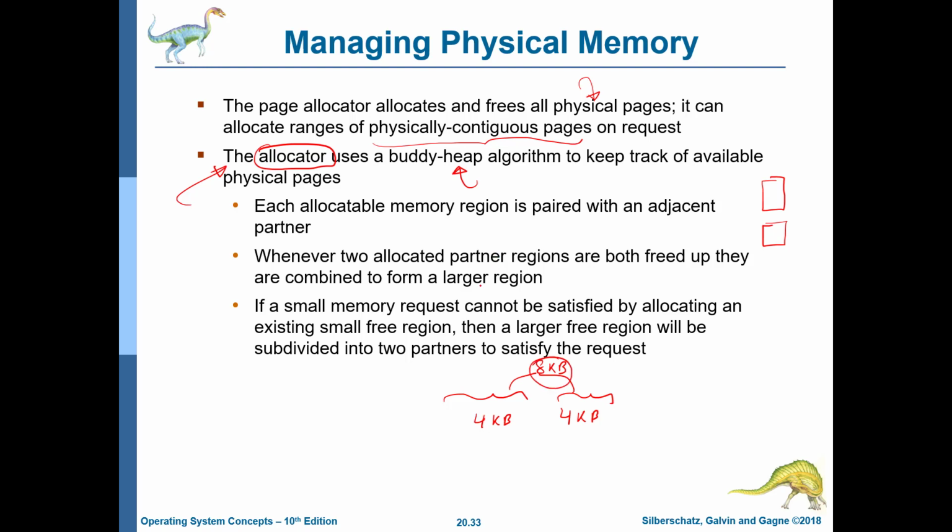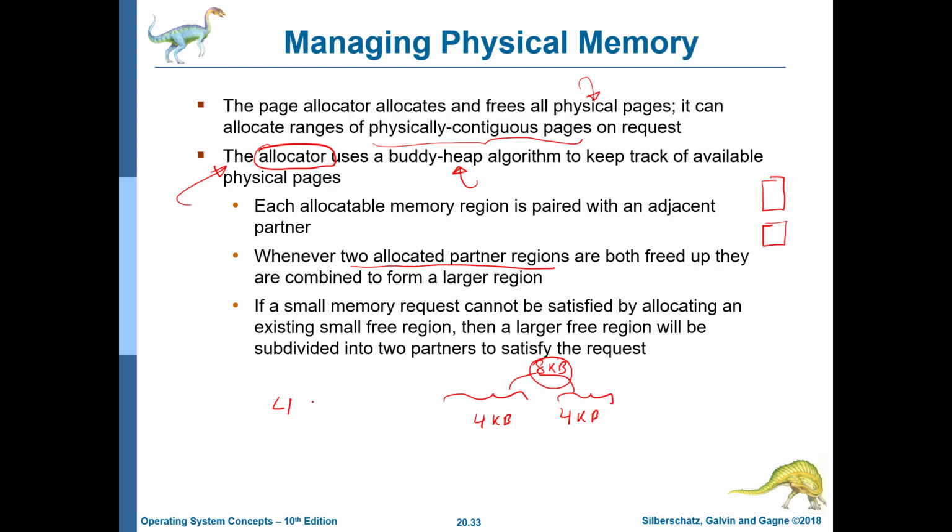Whenever two allocated partner regions are both freed up and they are consecutive, they are combined into a larger region. Furthermore, if there is a small memory request which cannot be satisfied by allocating a small free region, then we take a larger free region and subdivide it into two partners.